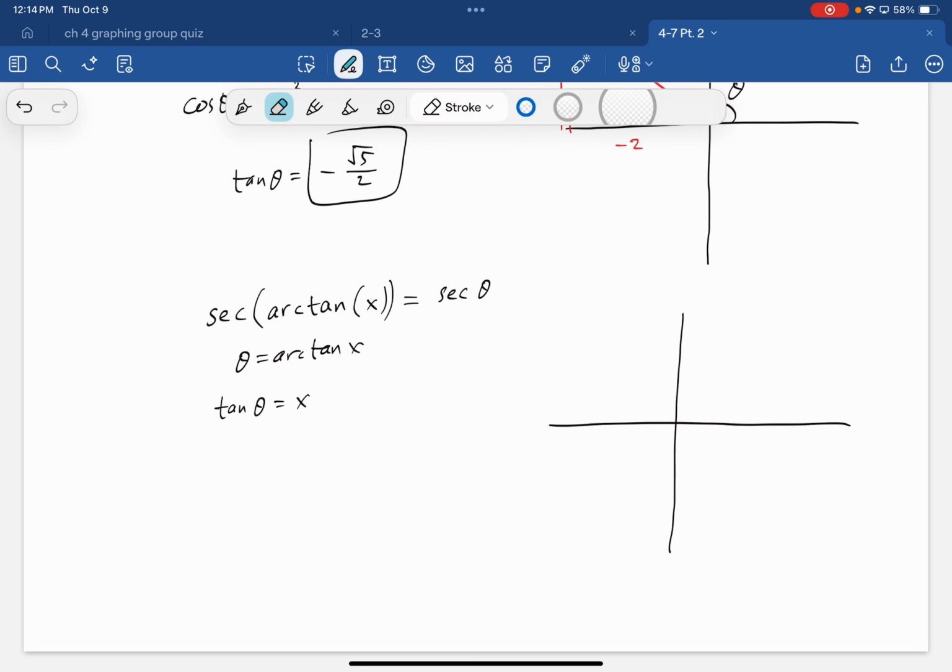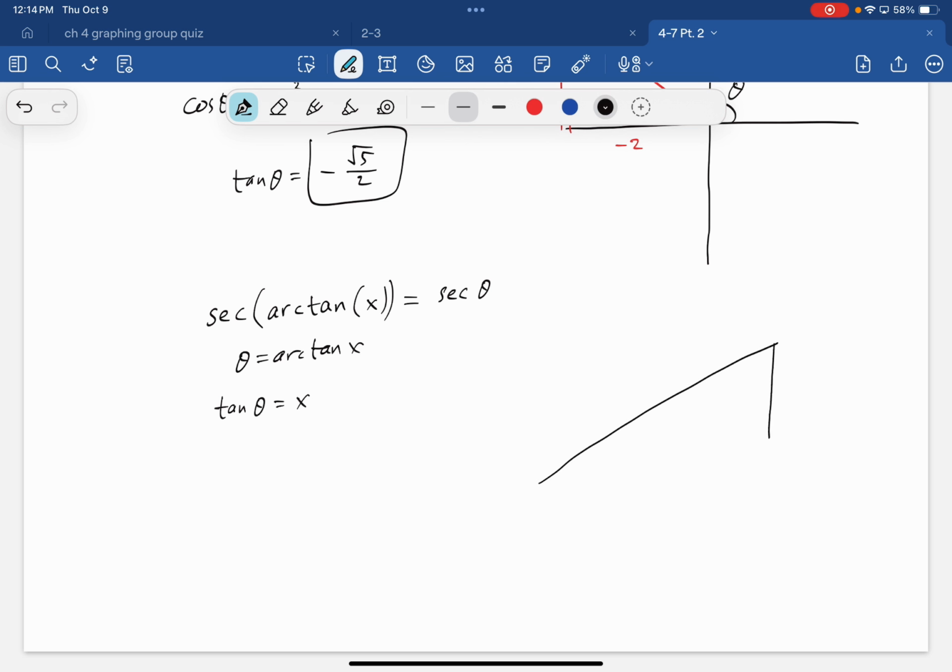So good news, when we have a variable, we can just make our life easier and assume that it's in the first quadrant. And our results will generally hold. So if tangent theta equals x, tangent is opposite over adjacent, so we'll call this x and call this 1. That means by the Pythagorean theorem, the hypotenuse is the square root of x squared plus 1.